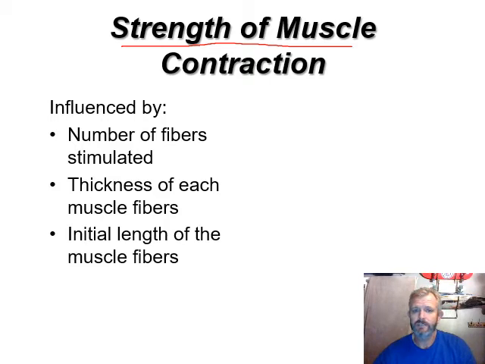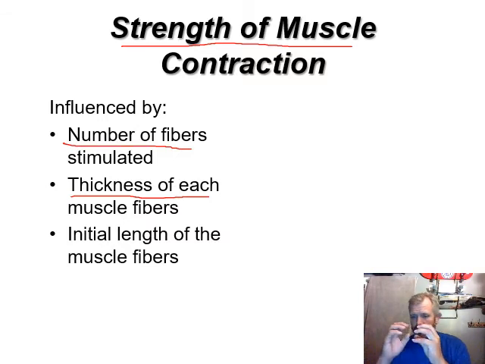We can change the strength of contraction by the number of fibers we stimulate, how many muscle fibers we're activating, which changes the amount of tension we produce, and the thickness of the fibers. If I weight lift for a long time, I'm creating thicker fibers. I can create more force with those thicker muscle fibers. And then also the starting length.